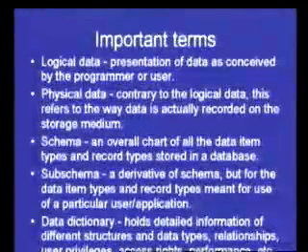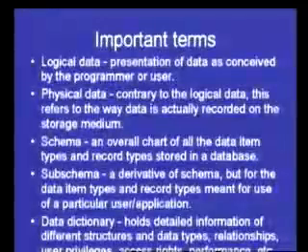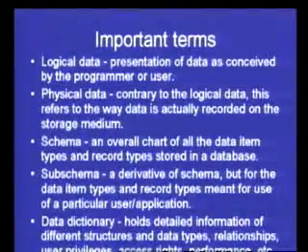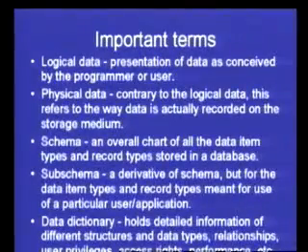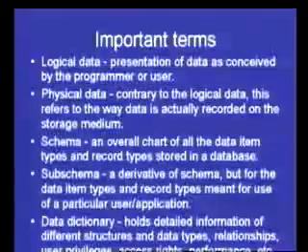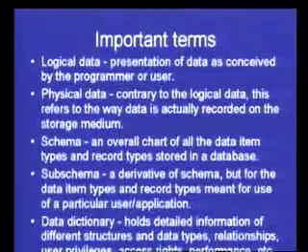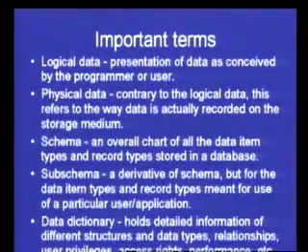So the next one is you have some more important terms. They are logical data, physical data, schema, subschema and data dictionary. Let me go through each of these terms. Logical data is the logical presentation of data as conceived by the programmer or user. Physical data, contrary to the logical data, refers to the way data is actually recorded on the storage medium.